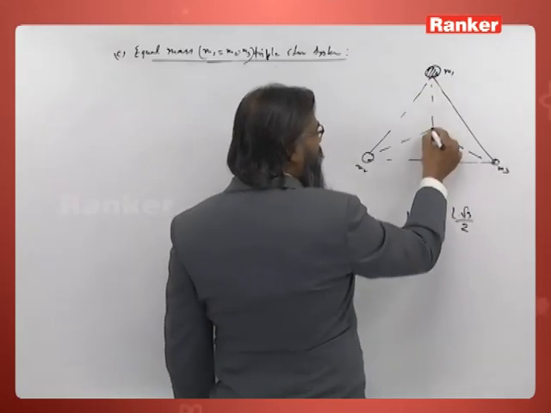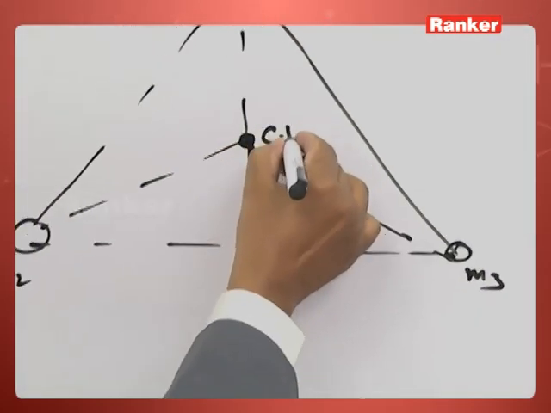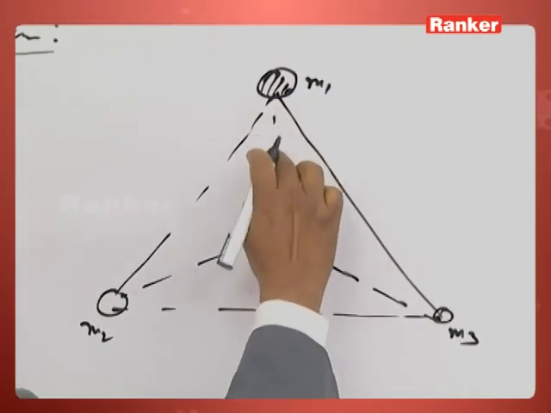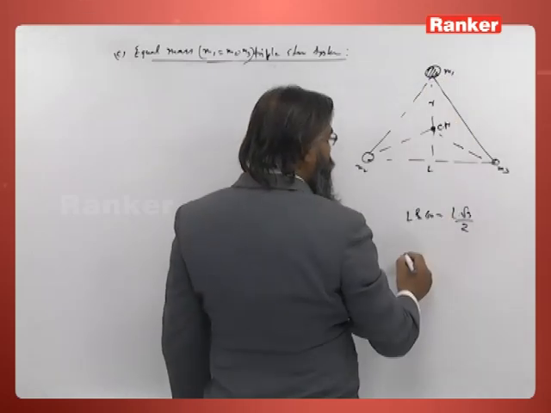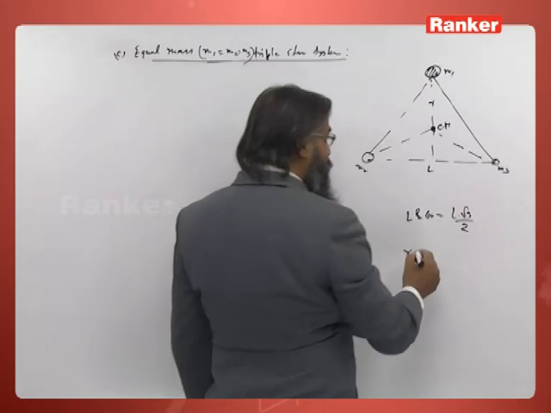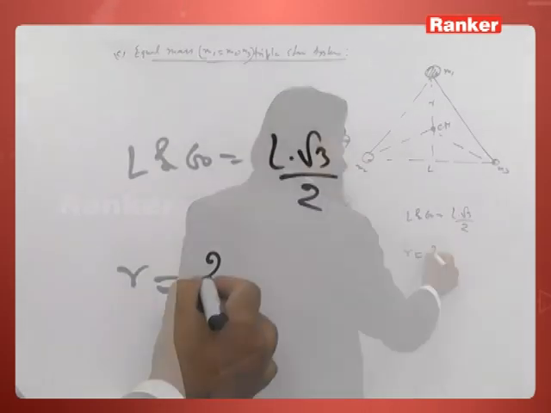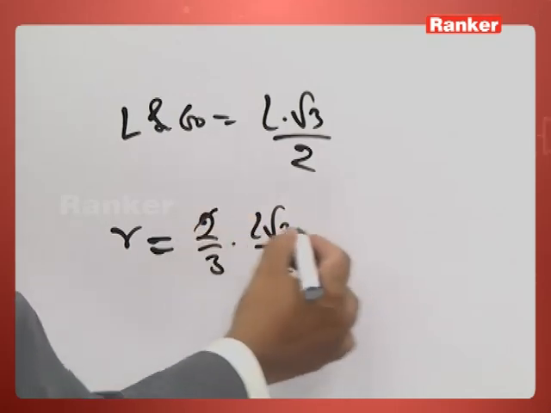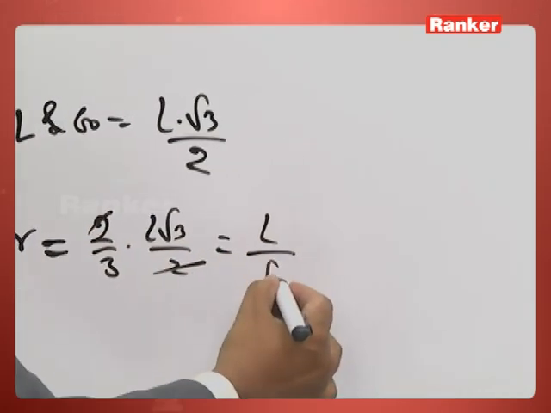Now, the centroid is the center of mass. So, this distance is 2/3 of this. Suppose I say this distance is r. So, the radius of the circle on which they will turn will be r equal to 2/3 of L root 3 by 2. So, that comes out to be L by root 3.